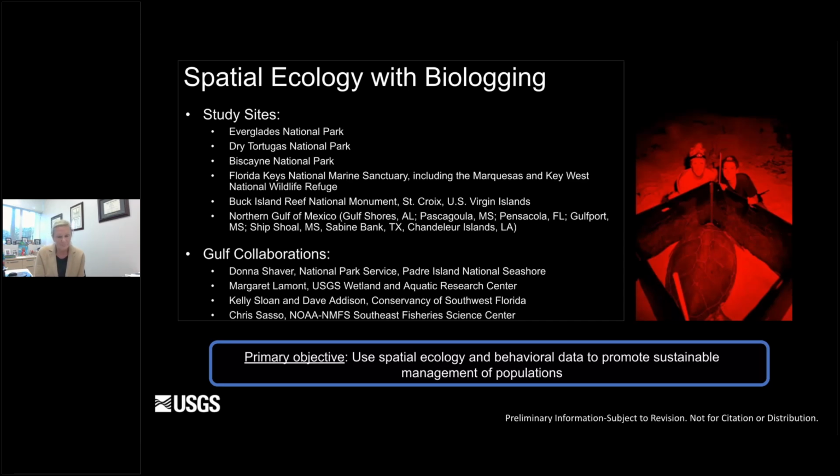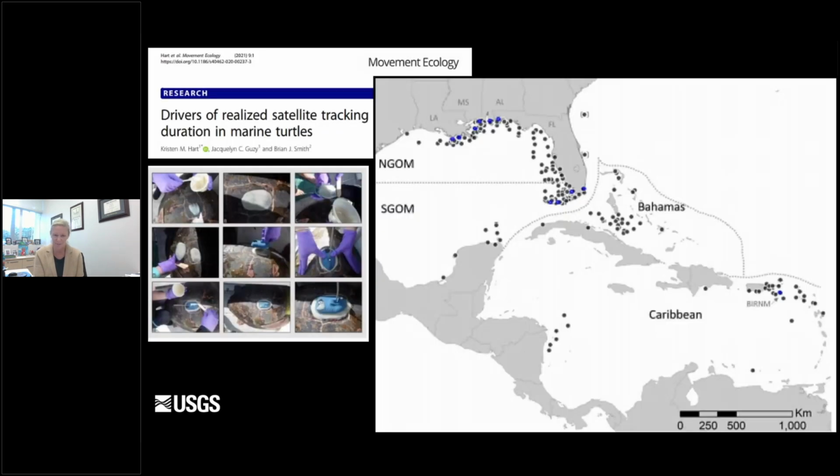Next slide. All the sea turtles, I don't know if I mentioned this, are imperiled, so this is definitely in the endangered species world. In 2021, I was able to put together a large part of my spatial data set. The blue points are where I've tagged animals, and the dots are where sea turtles have gone. Consider that like their endpoint. If you're leaving a nesting beach, that's your foraging area.